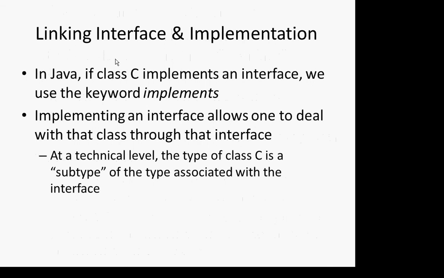So if a class C implements an interface in Java, we say implements, and implementing an interface allows one to deal with that class through that particular interface. So if we say this class implements collection, then people can treat an instance of this class as if it's a collection, right? And a given class can implement how many interfaces?